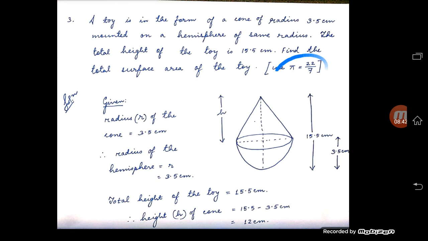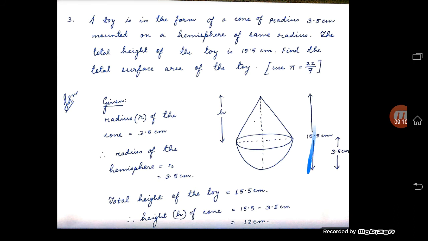It is a very important and very interesting question. So let us write r, that is the common radius. Since this cone is mounted on the hemisphere, the radius will be common. So let us write r is equal to 3.5 centimeter. Now the total height is given as 15.5 centimeter.